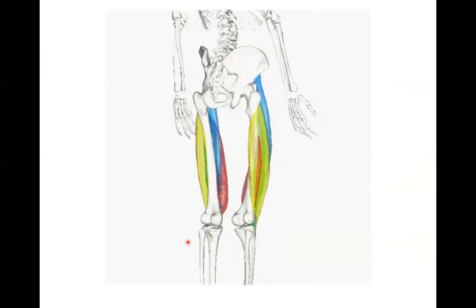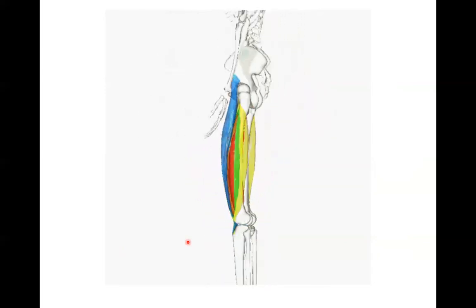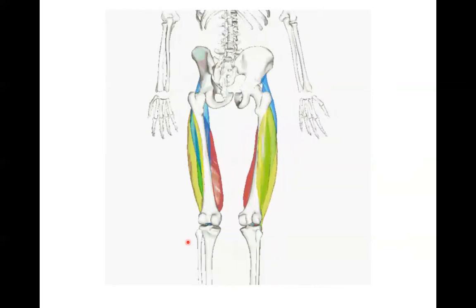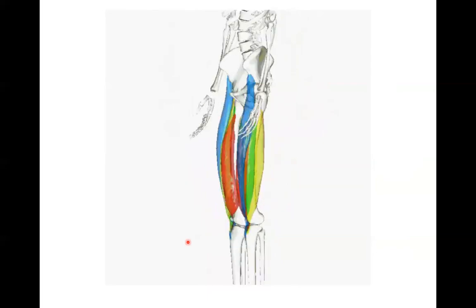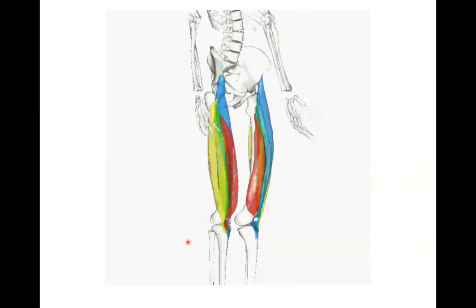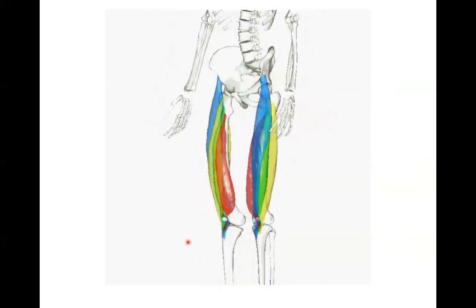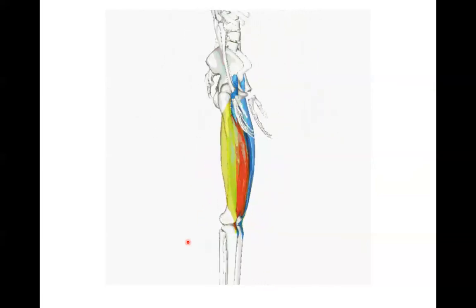And Rectus Femoris, therefore, can not just extend the knee, but can also flex the hip. And illustrated deep to Rectus Femoris in orange, you'll be able to get a little glimpse of Vastus intermedius, the most intermediate of the vastus.